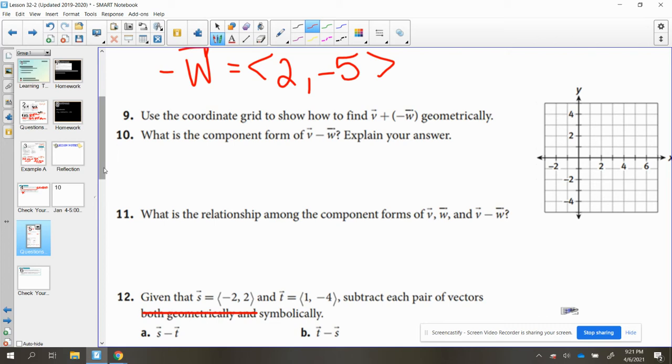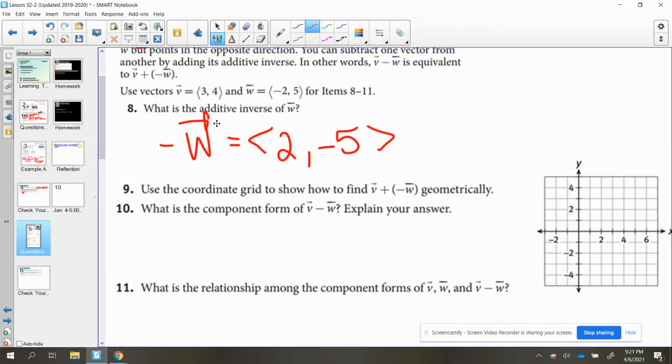Now, if we look at the next page, let's skip 9 because I'm not focusing graphically, but if we look at the component form of v minus w, that would be like taking the addition of v and the additive inverse, negative w. So 3 plus 2, and 4 plus -5.